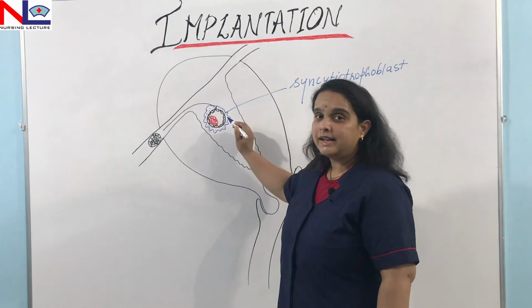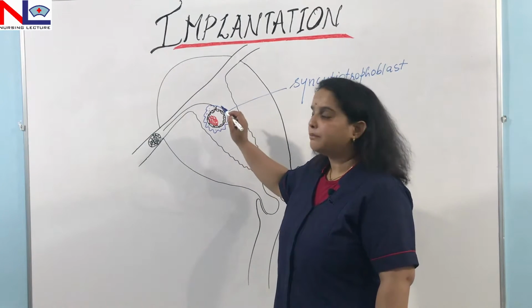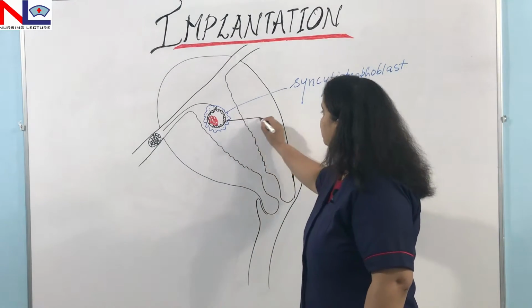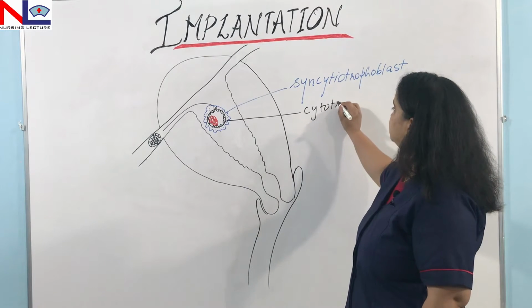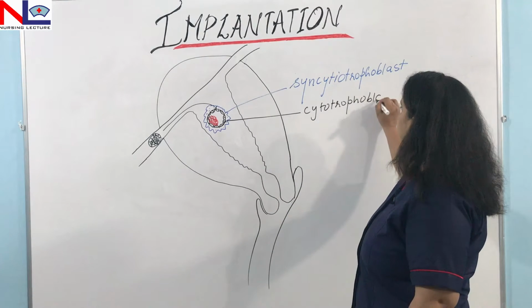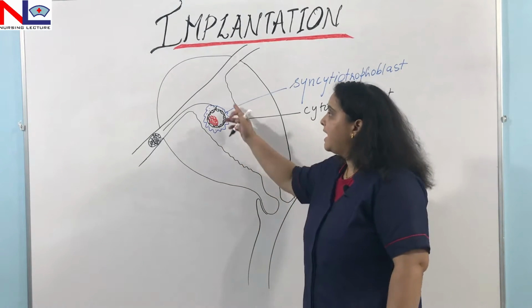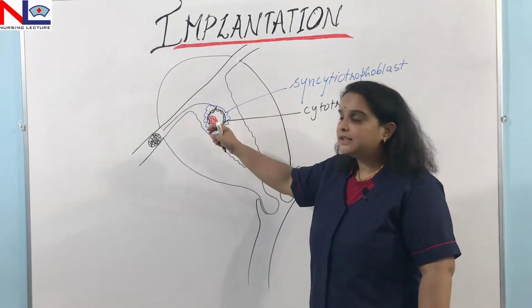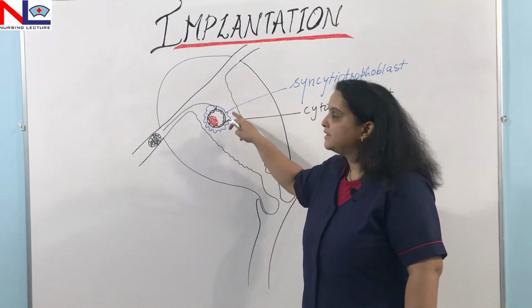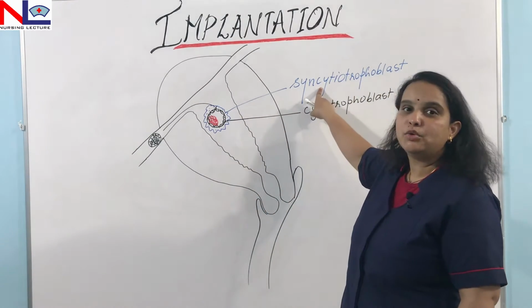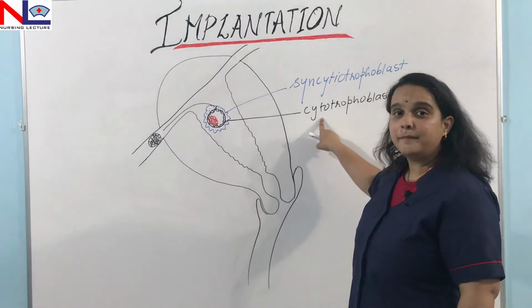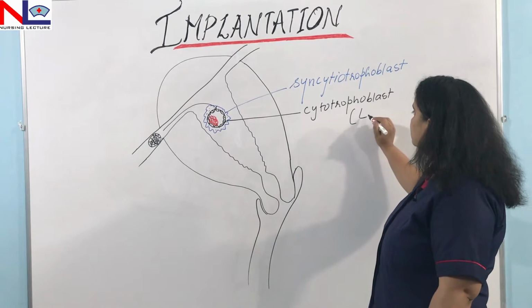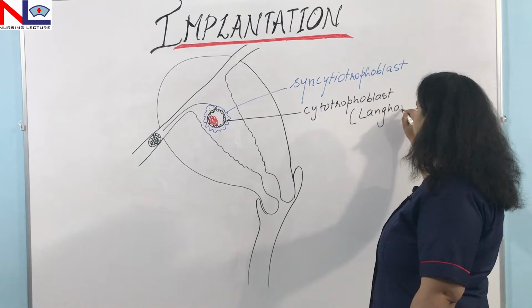The inner layer, which is a single layer with exact cell boundaries, forms the cytotrophoblastic layer. So by signals from the inner cell mass, the trophoblast differentiates into two: the outer multinucleated syncytiotrophoblast and the inner mononucleated cytotrophoblast, and this cytotrophoblast is also termed the Langhans layer.